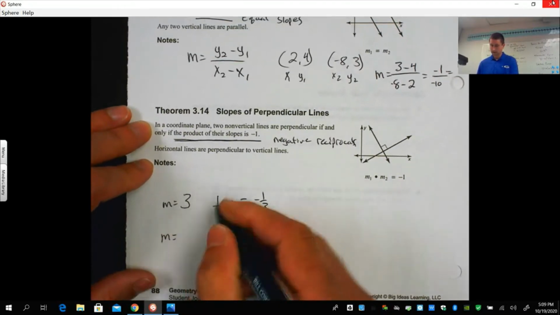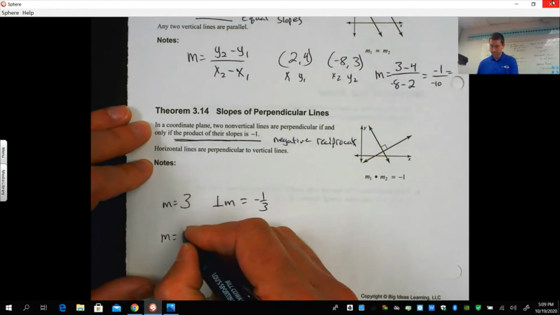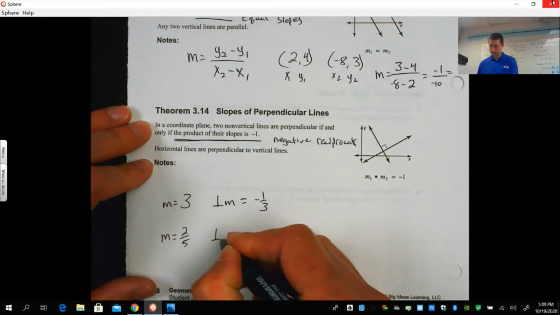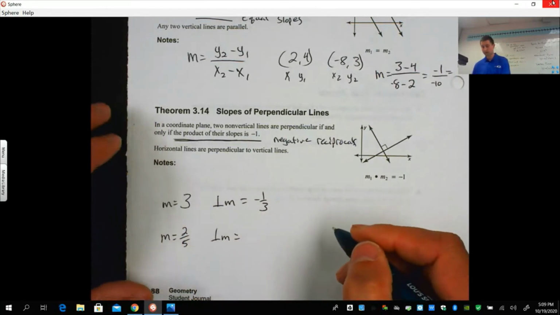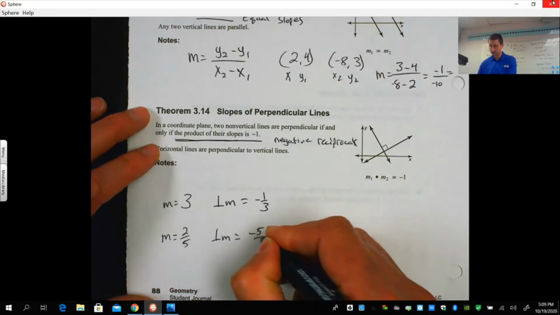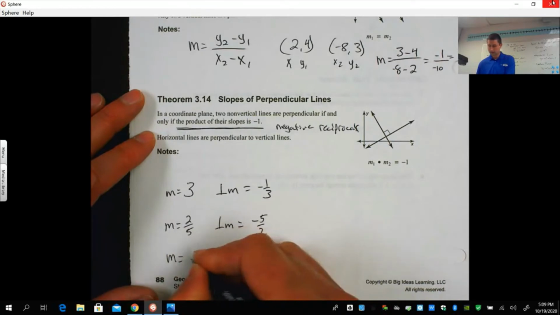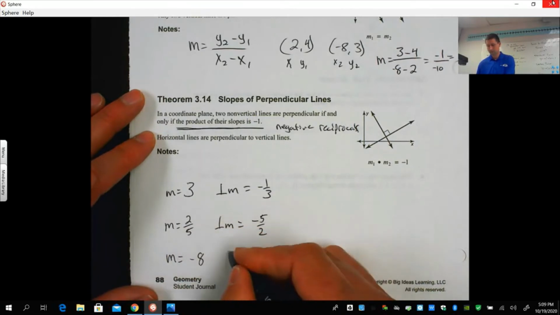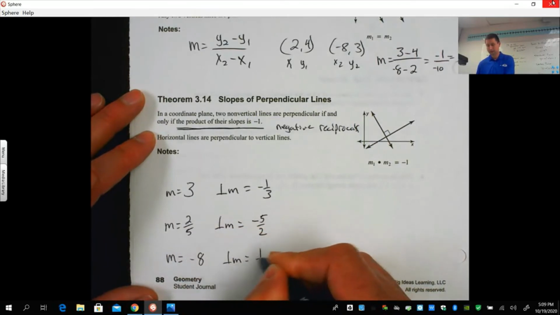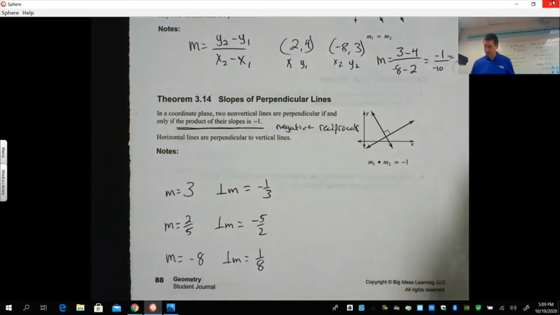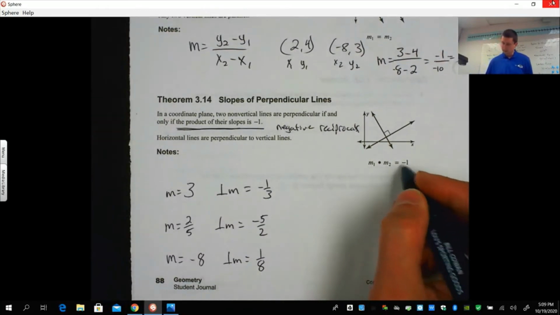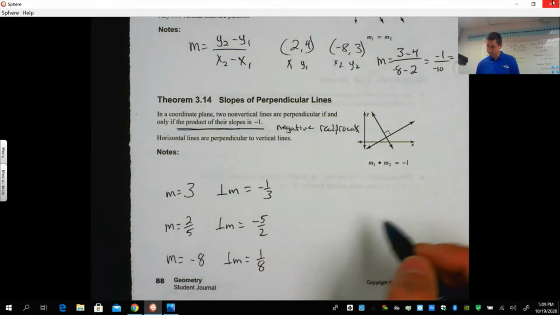If m was 2/5, your perpendicular slope would be the negative reciprocal, so negative 5/2. If m was negative 8, your perpendicular slope would be positive 1/8. Okay, so m1 times m2 would be negative 1 if you multiplied these two together.